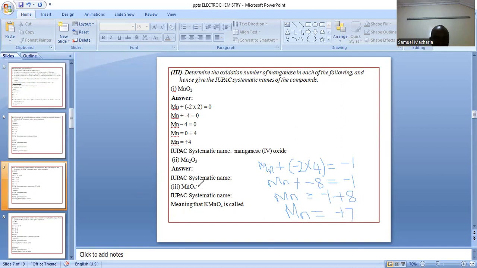So we call it manganate 7. And now this compound here, KMnO4, we call it potassium manganate 7. That is the IUPAC name for that compound. The ion is called manganate 7 ion.